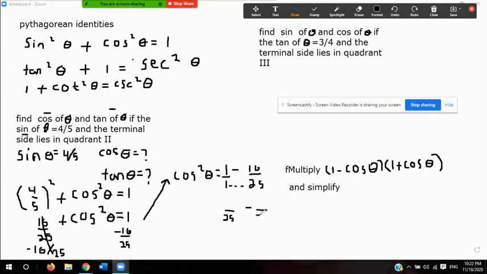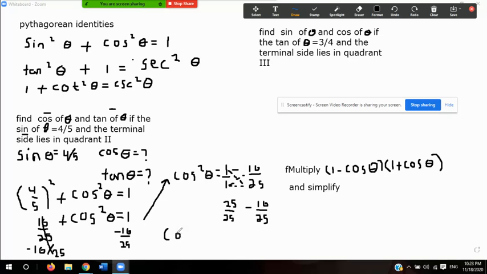Now I cross multiply the 1 times the 25, which equals 25, and then I multiply the 1 times the 16, which equals 16. Then I subtract, and the cosine squared of theta equals 9 over 25.